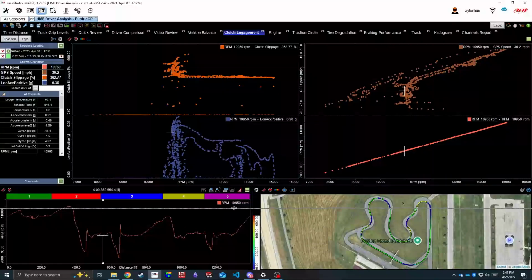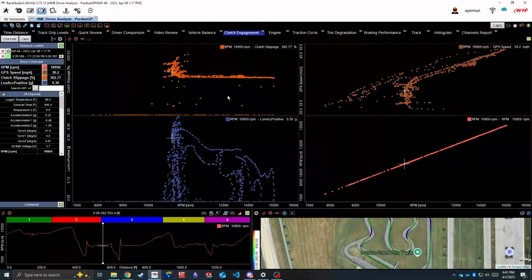What the clutch slippage channel is essentially telling us is that it is quantifying the ratio at which the RPM and GPS speed are diverging at every single measurement point in the lap. So for every single measurement of RPM, it is going to compare the RPM to GPS speed ratio.